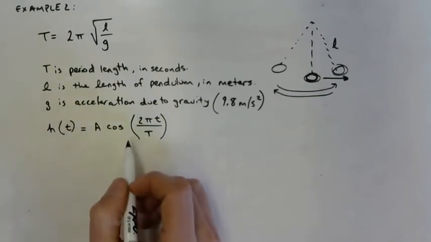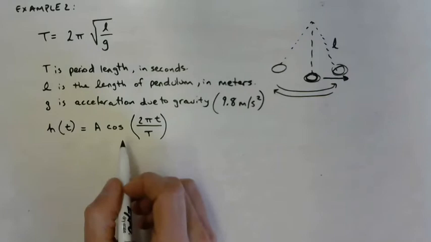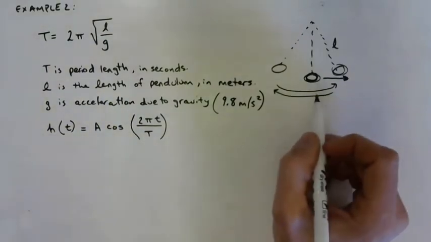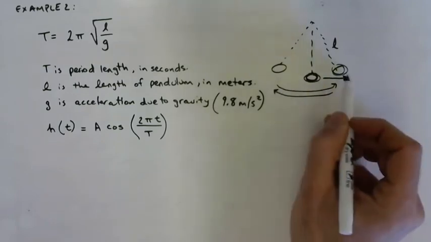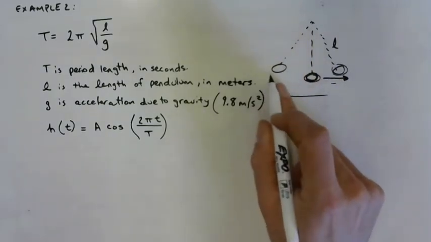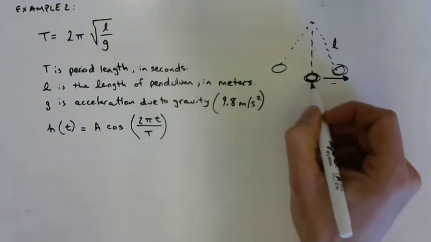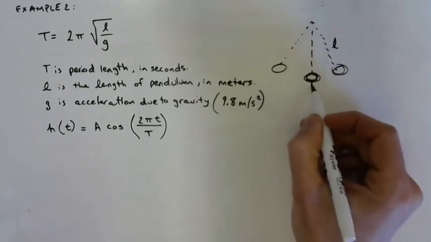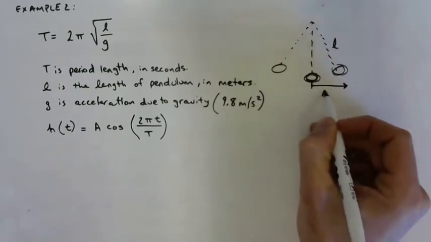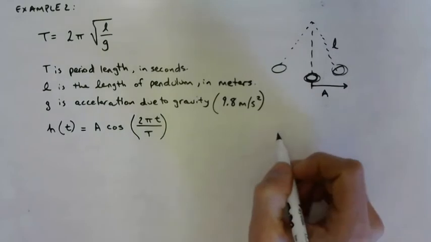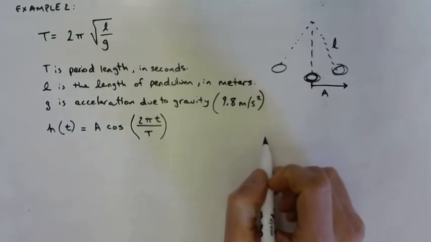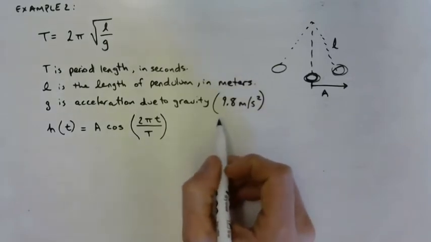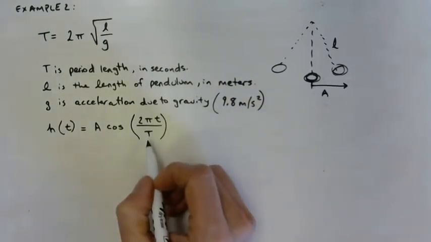I'm just recording what's in the problem, where A is the amplitude of the pendulum, which is half the distance between the max and the min. So this arrow that I've drawn from here, maybe I'll redraw it to here, that's A. You have that picture. And t is time in seconds, and capital T is the period length measured in seconds.